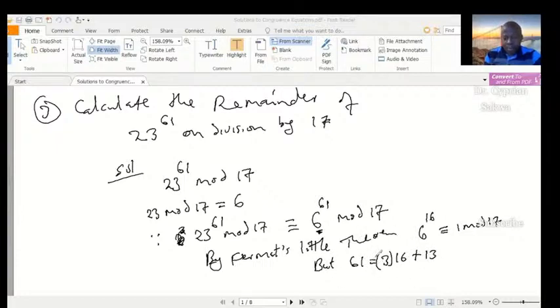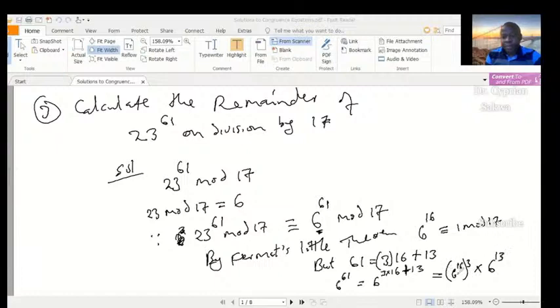So what this means is that I can write 6 raised to 61 as 6 raised to 3 times 16 plus 13, which is the same as 6 raised to 16, then raised to 3, times 6 raised to 13.